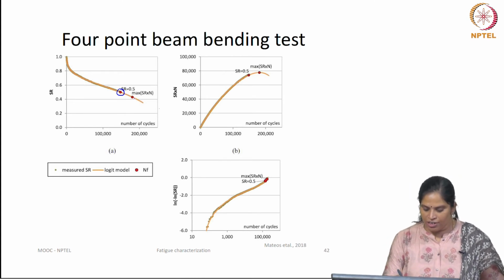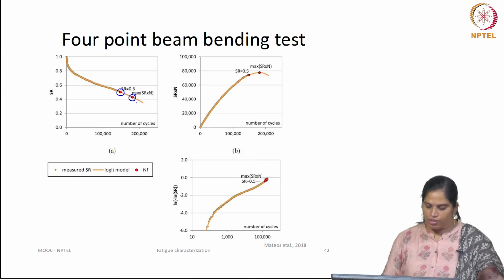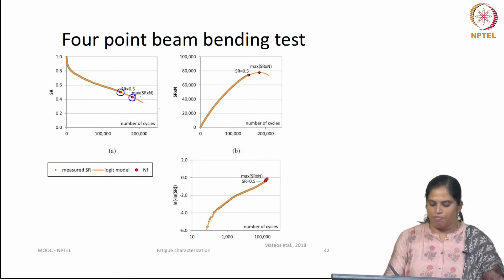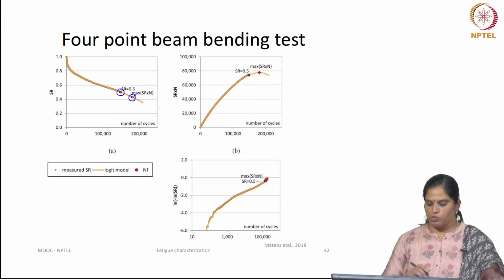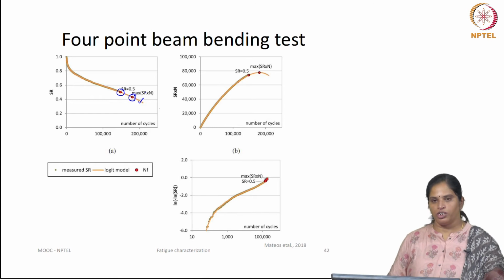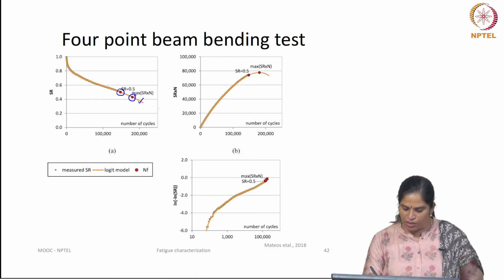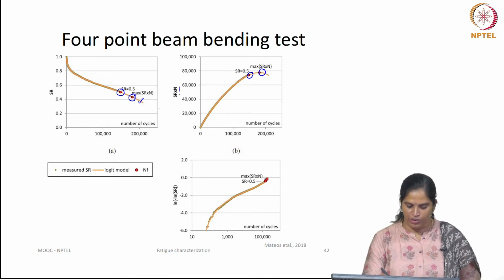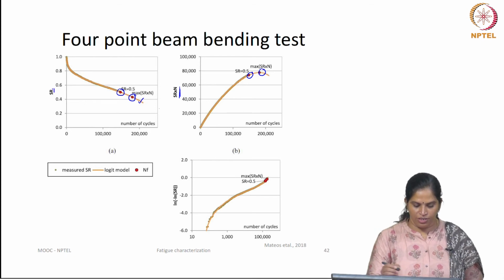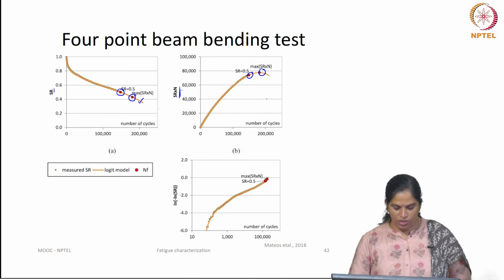Now, this maximum of S is based on the peak point of a normalized modulus plot, and the fit here is a logistic fit model. In the second plot, again it shows that 50% modulus is here, the maximum point is here, this is SR into N, this is stiffness modulus into N, same functions.